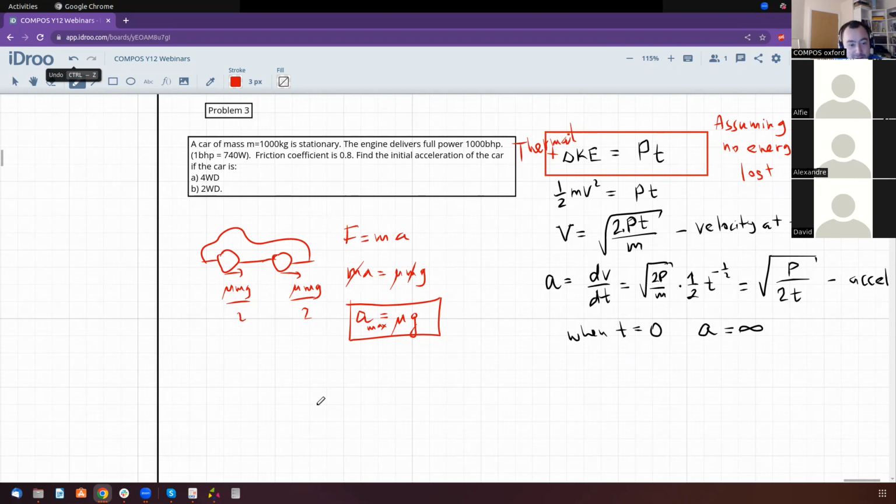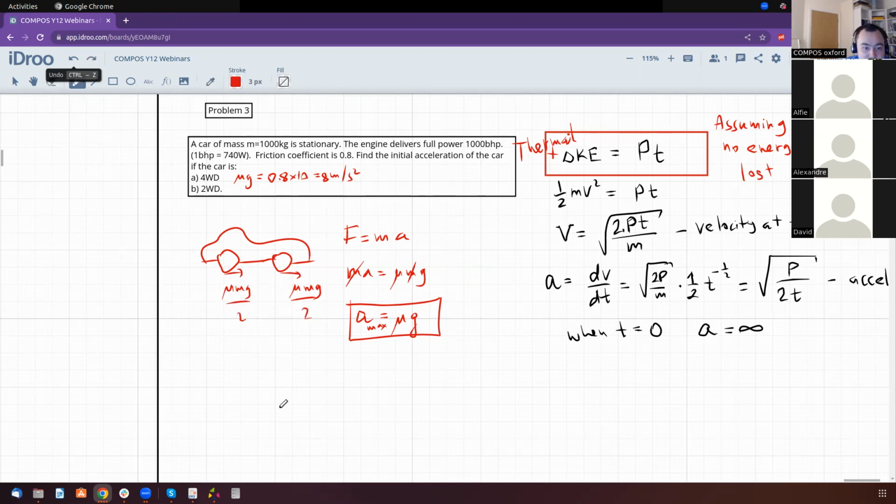So no matter how powerful the engine is, we don't even need to know the power of the engine in this particular case. We know the acceleration. So in this case, acceleration is mu g, which is 0.8 times 10, which is 8 meters per second squared. And when it's a two-wheel drive car, there's no force on the back wheels, so only the front wheels are producing the force.